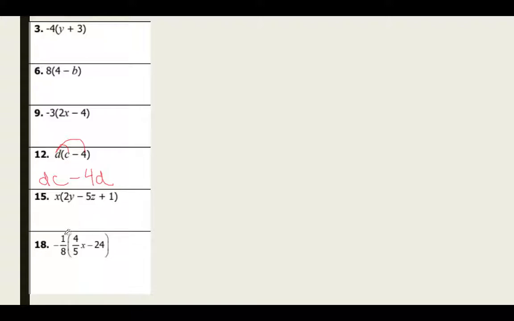Let's do 18, because fractions are always really awesome for people. And I'm going to do that one up on the side just so I have more room. So negative 1/8 times 4/5 x minus 24. So when I'm multiplying fractions, I'm going to write this guy as 24 over 1 because I'm going to multiply the top with the top, so multiply straight across with fractions.